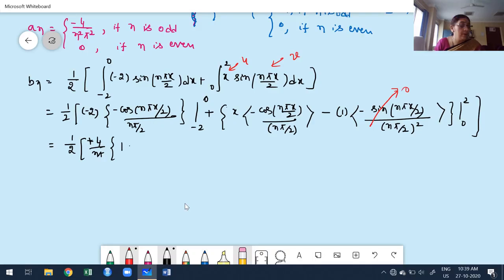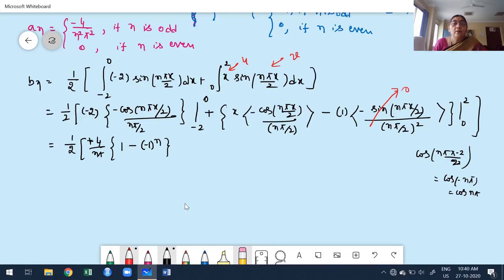Minus the lower limit, which is 2. Once you apply 2, we get cos of n pi times minus 2 divided by 2, which is cos of minus n pi. Cos of minus theta is cos theta, so cos n pi, which is (-1)^n.